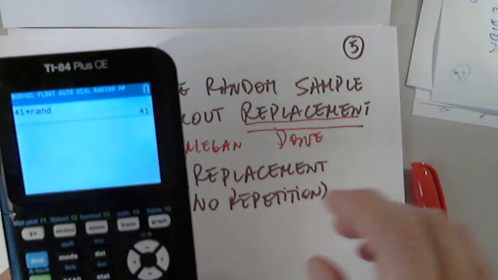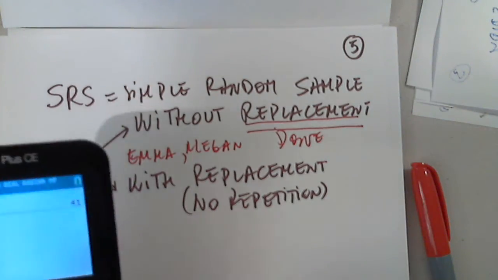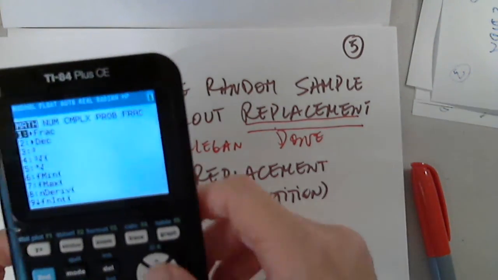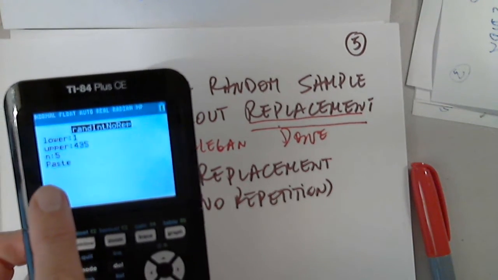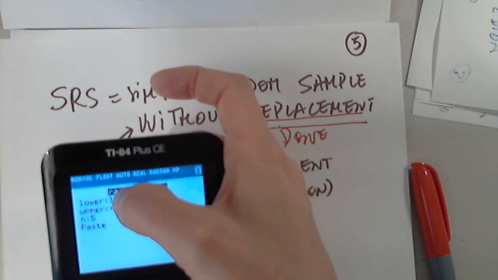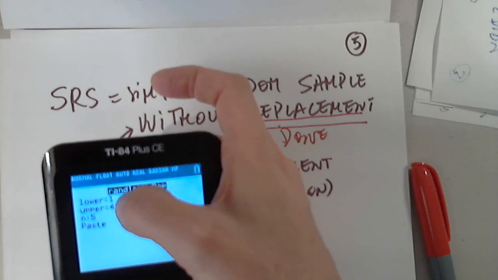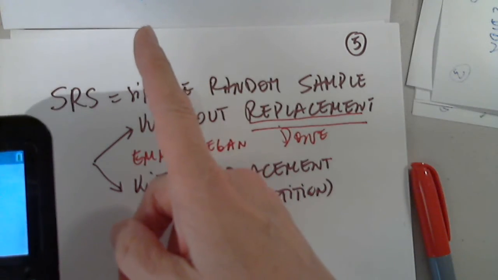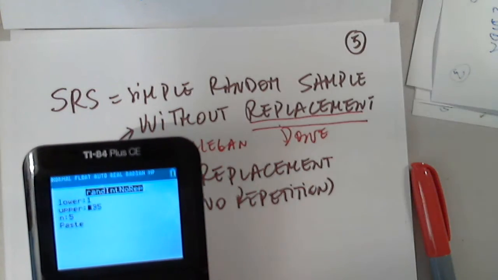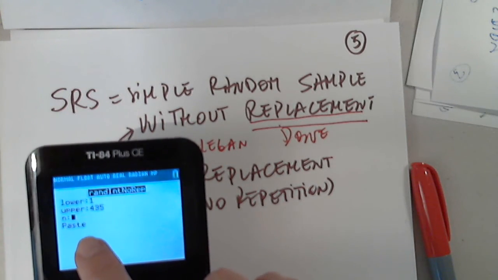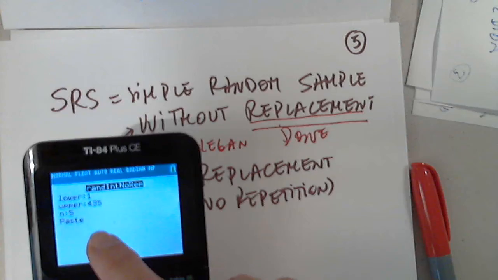Okay, so going back to math and then probabilities and then number 8, we have to label them. Put the lower as number 1, the upper number as 435. And we want a sample of 5. And then click on paste.